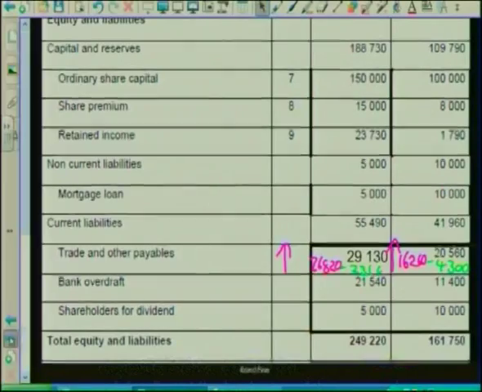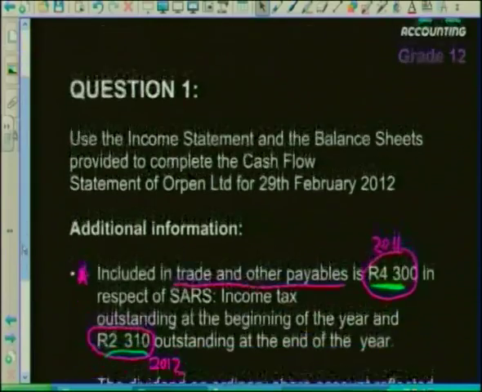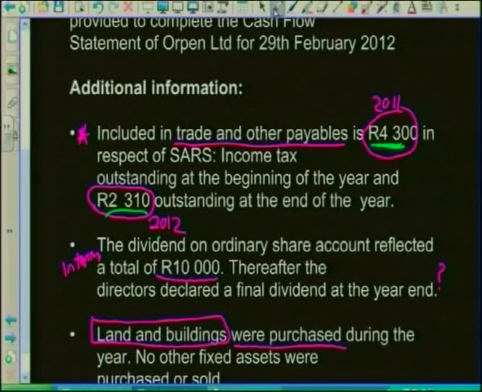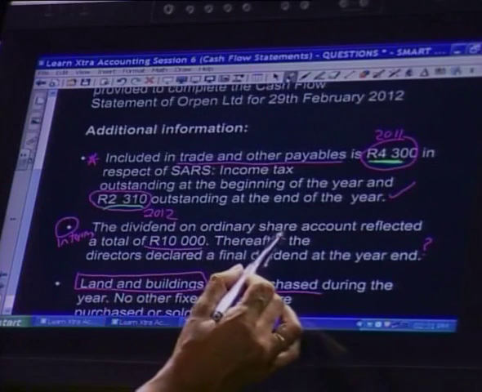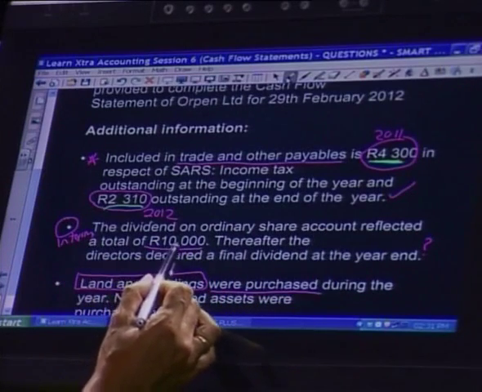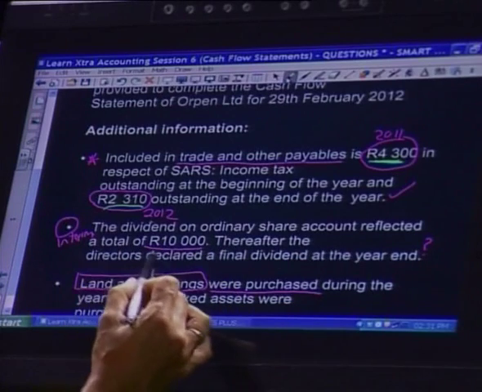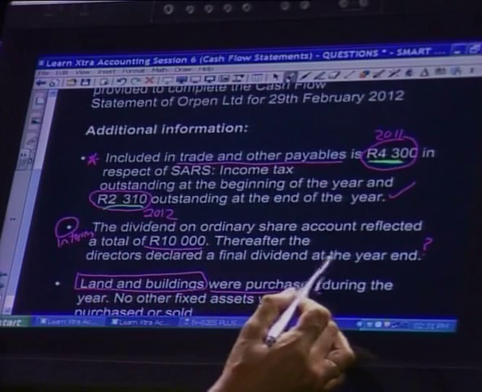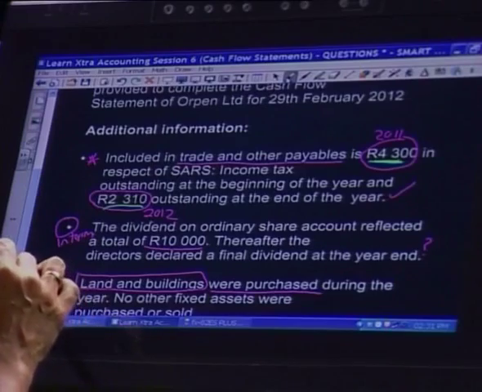So your additional information, okay, there we go. So remember guys, we've dealt with the first additional information. Let's now look at the next additional information. The dividends on ordinary share account reflected a total of 10,000 Rand. Thereafter, the directors declared a final dividend at the end of the year.